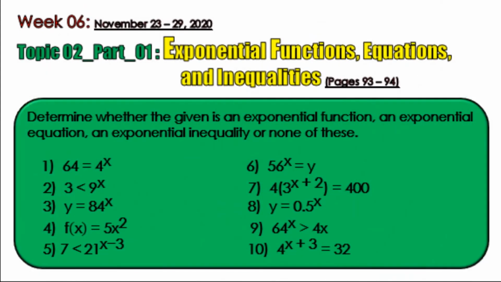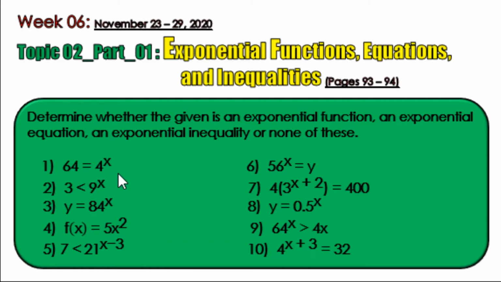Now let us see if we can identify the given, if it is an exponential function, exponential equation, exponential inequality, or none of these. Let us start from number 1. So we have 64 is equal to 4 raised to x. So we have an equal sign.